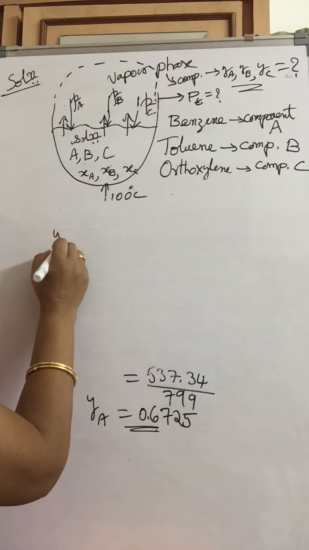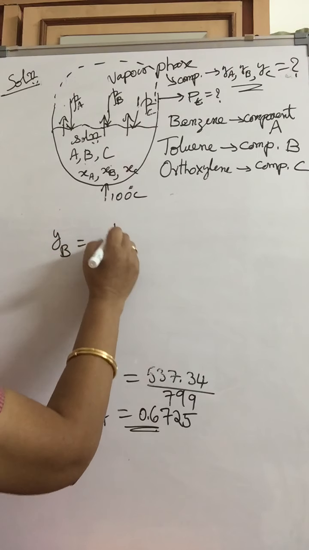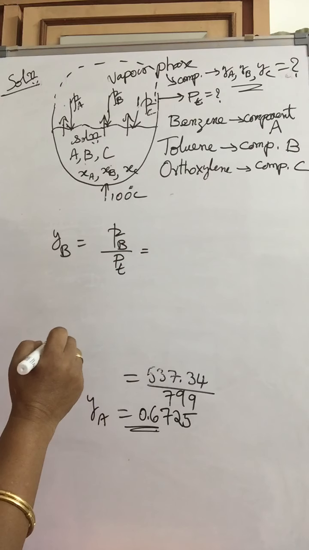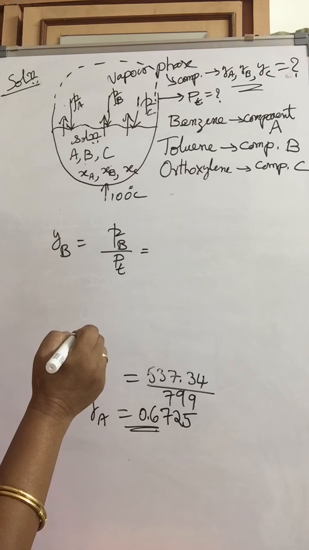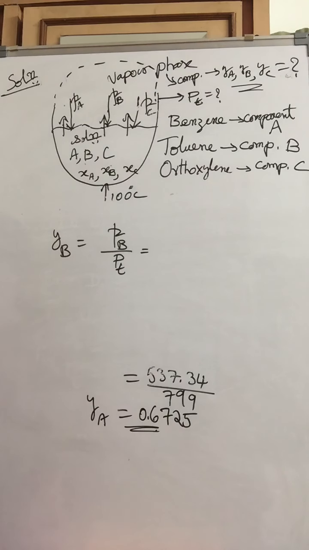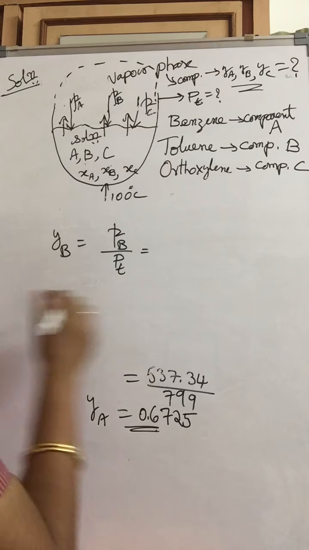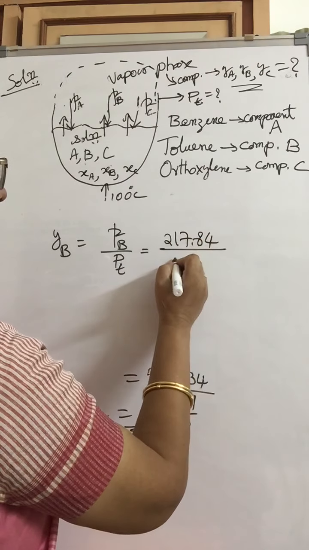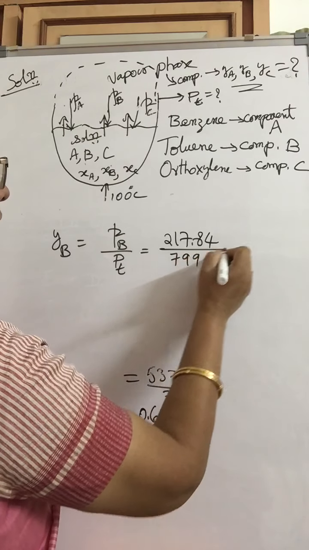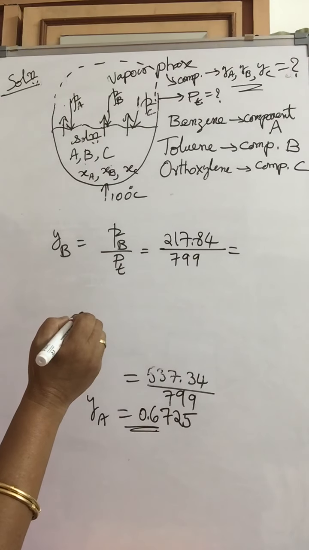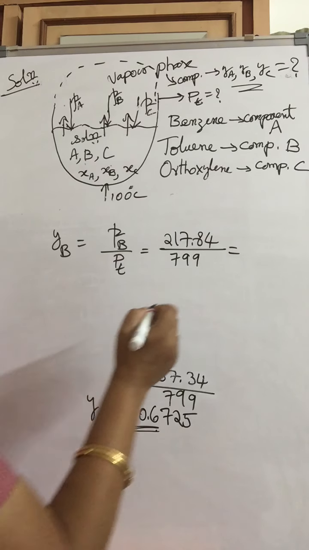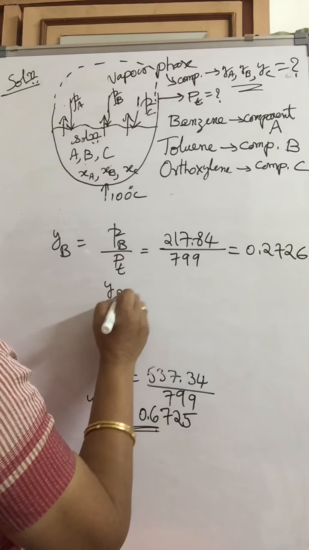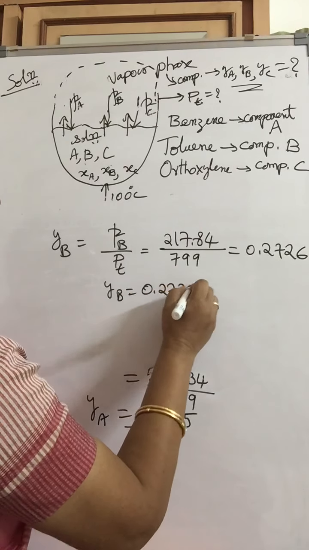YB is equal to PB by PT. What is PB? We already calculated it in the first bit. PB is 217.84, divided by the total pressure 799. This value is 0.2726. So YB is equal to 0.2726.